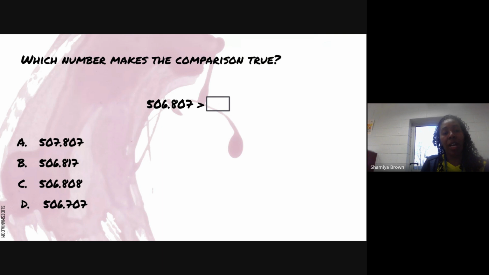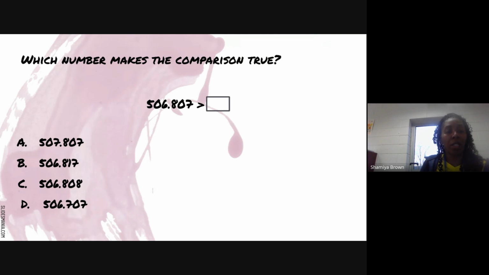So it says 506 and 807 thousandths is greater than something. So whatever number I put over here has to be smaller than this number in order for this number to be greater than this number. So let's see what I could put over there to make it greater.